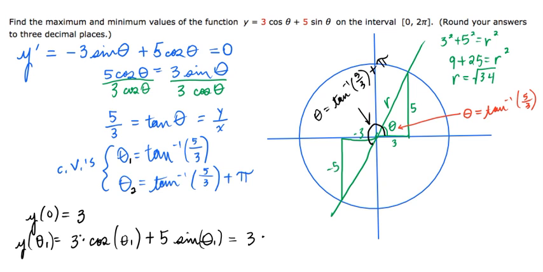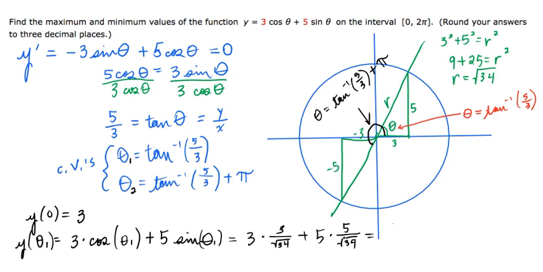So we have that 3 times 3 over root 34 plus 5 times sine of theta, which is y over r, so it would be 5 over root 34. Okay, so we have 9 over root 34 plus 25 over root 34.